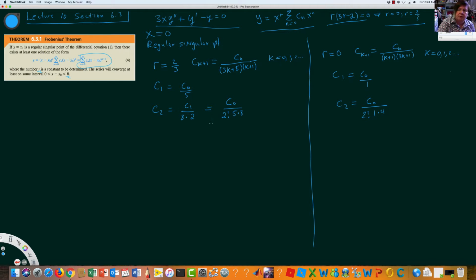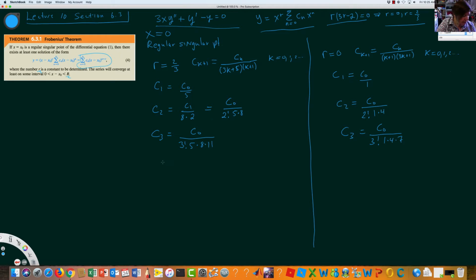Again, writing it this way for a reason. c3 is c0, so I'm going directly to c0, because c3 would have a c2 in it, but c2 is this, and so you'd substitute in. Just skipping some steps in the interest of brevity. Hopefully you can verify all this yourself. So this is 5 times 8 times 11. c3 over here is c0 over 3 factorial times 1 times 4 times 7.